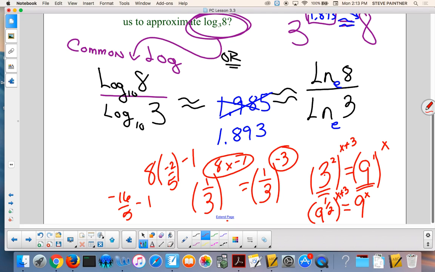Get log of x by itself. So this 2 comes over. Now you want log of x. You don't want negative, so get rid of the negative 1.